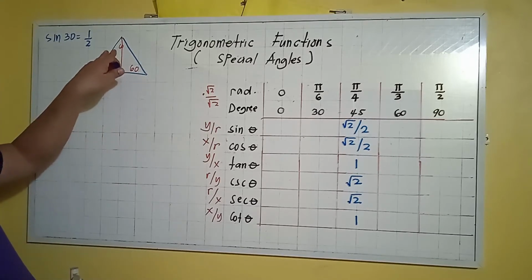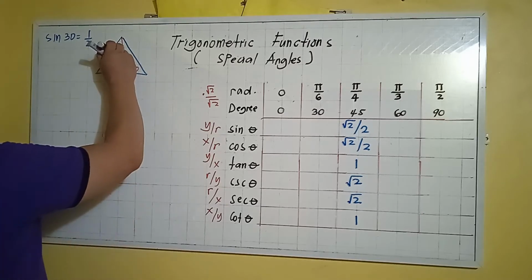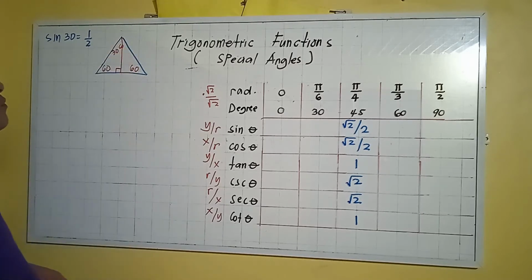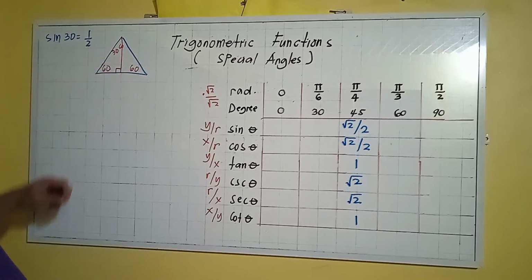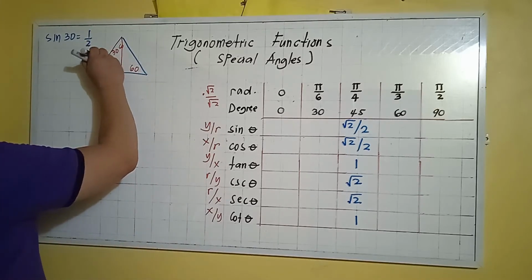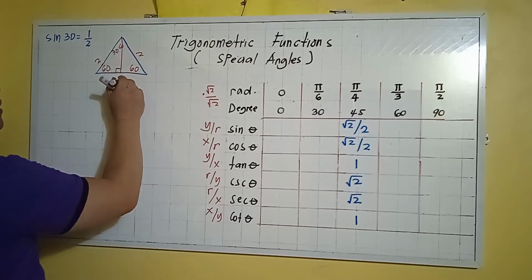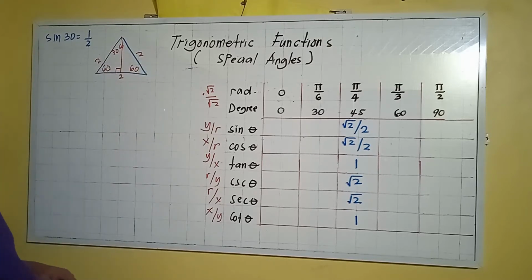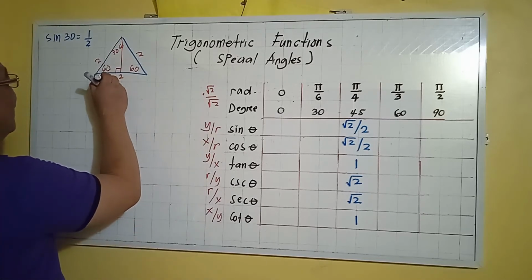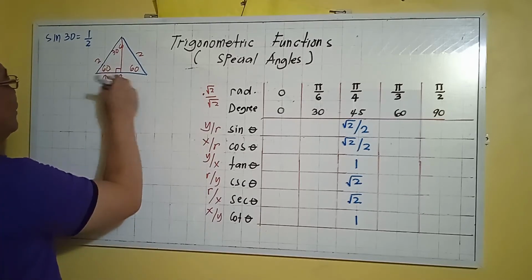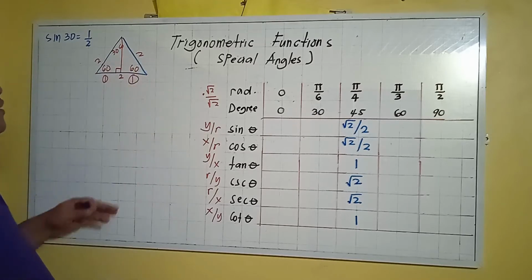Nung hinati ko yung 60 degrees, magiging 30 degrees na siya. And, kung yung mga dating dimension ng triangle na to is 2 units, 2 units, and 2 units, dahil hinati ko sa dalawa, ang nasa ilalim natin na to, ang magiging dimension nito is 1 unit and 1 unit.